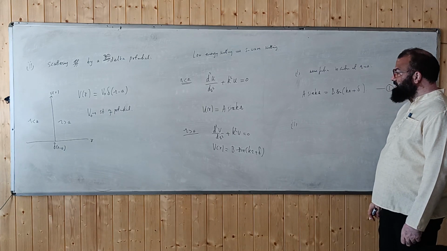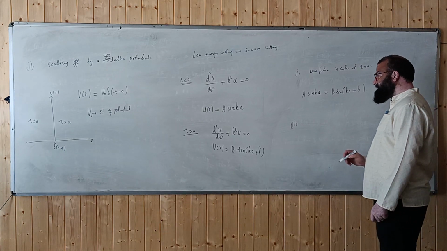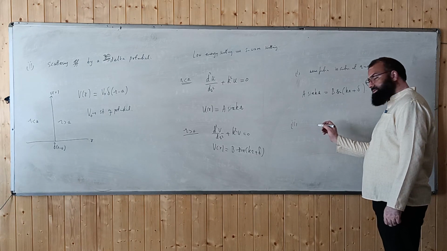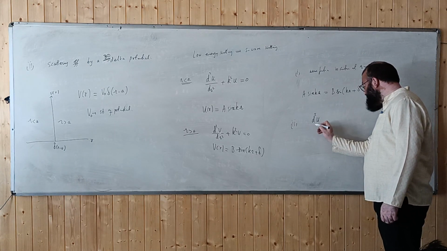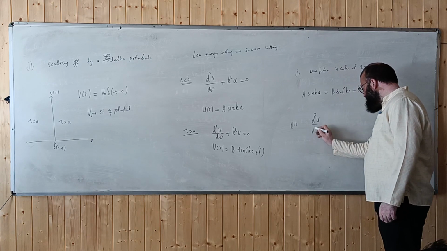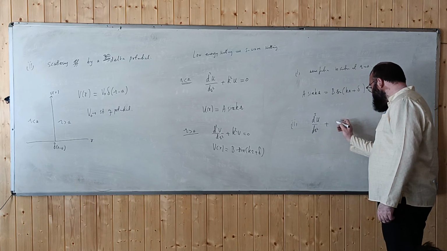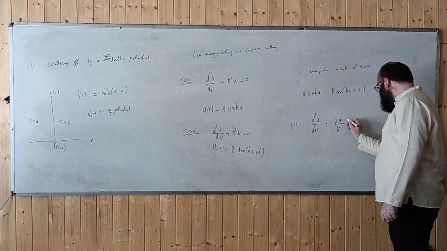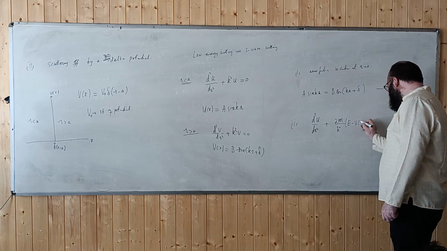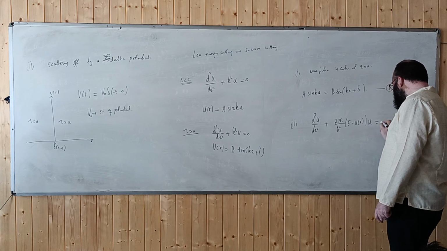So what is our Schrodinger equation? Let me put it at r equal to a. Let's write the Schrodinger equation first: d2u by dr2 plus twice m by h cross square (E minus V(r)) u is equal to 0.